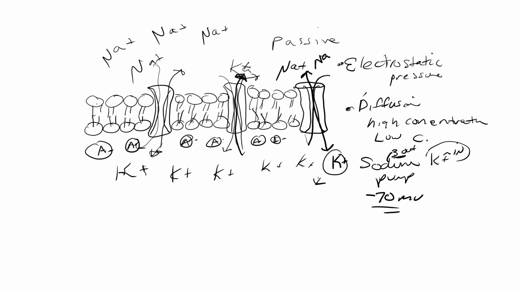And this is a structure that's going to be important later when we talk about action potentials, because this sodium-potassium pump is important for taking the membrane and returning it back to its resting potential after we've had something called an action potential. So I know this drawing is very crude, but it's what we have. So I hope that's helpful, and we are going to move on and talk a little bit more about some of these channels and how they work.